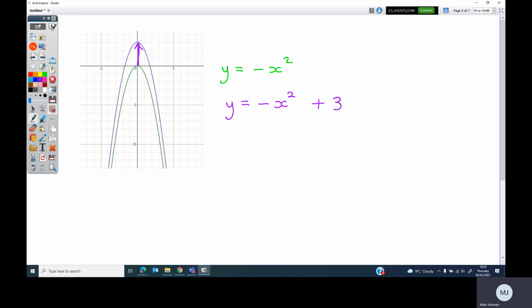So plus 3. I called that shape a parabola. That's the name for the shape of a quadratic graph, or a quadratic function.